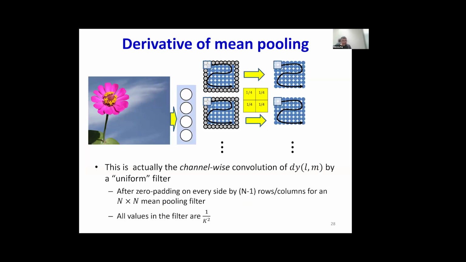But then really, what we do for mean pooling is since each element is being spread across 4 elements over here, this is like having a kernel of 4 1/4s. And you're zero padding the derivative map, and then you're convolving it with this kernel. And that gives you the back propagated derivative map for the mean pooling. That makes sense?